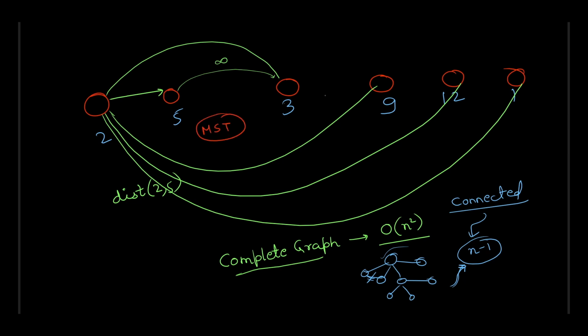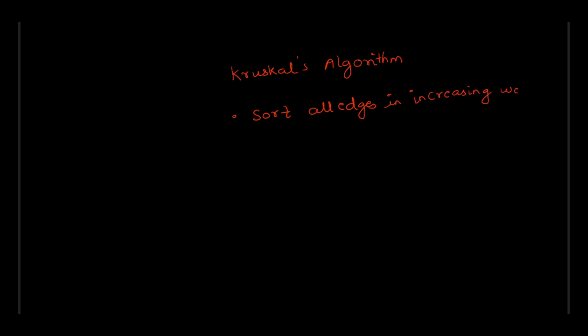So how do you compute the minimum spanning tree of a graph? You can use Kruskal's algorithm. These are very standard techniques, so I will not dive deep into this. This algorithm basically says: sort all edges in increasing weight, and then let me write down the text.